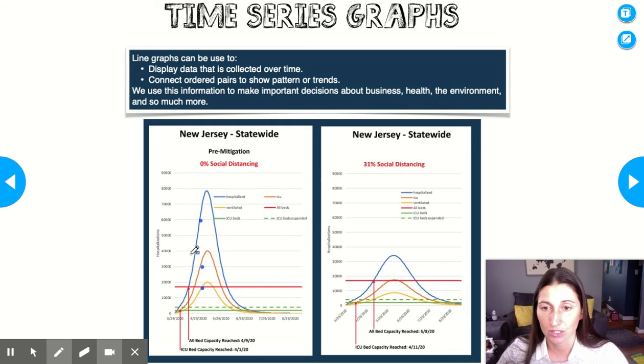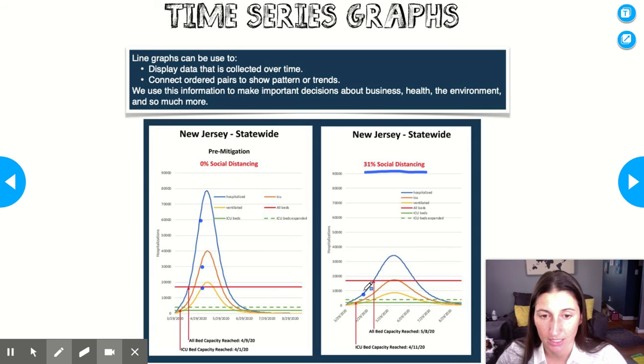And so what you can see here is that the number of people that would need to be hospitalized if we weren't staying home would be much greater than if we do 31% social distancing, right? So on April 27th, it would probably be somewhere right here, which if we look at the blue line over here, it is already, oh, this is April 29th, I'm sorry.